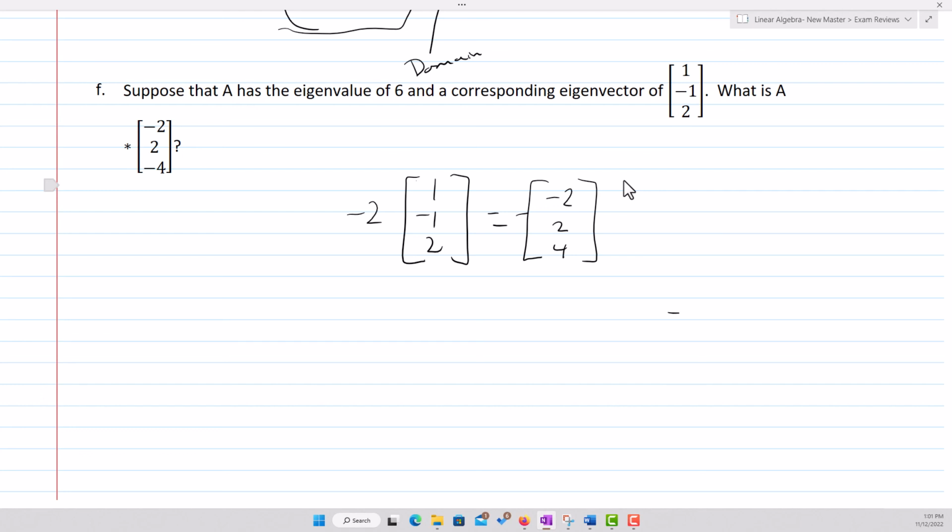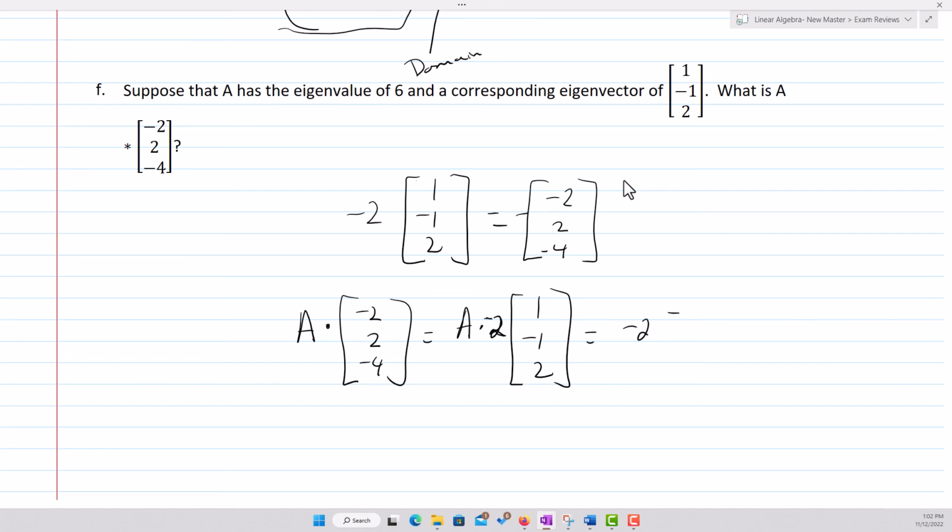By definition, eigenvectors are all of the vectors that are on a particular line of vectors. So that means that (-2, 2, -4) is also an eigenvector. So I'm going to multiply A times (-2, 2, -4), and that's essentially equal to A times -2 times (1, -1, 2).